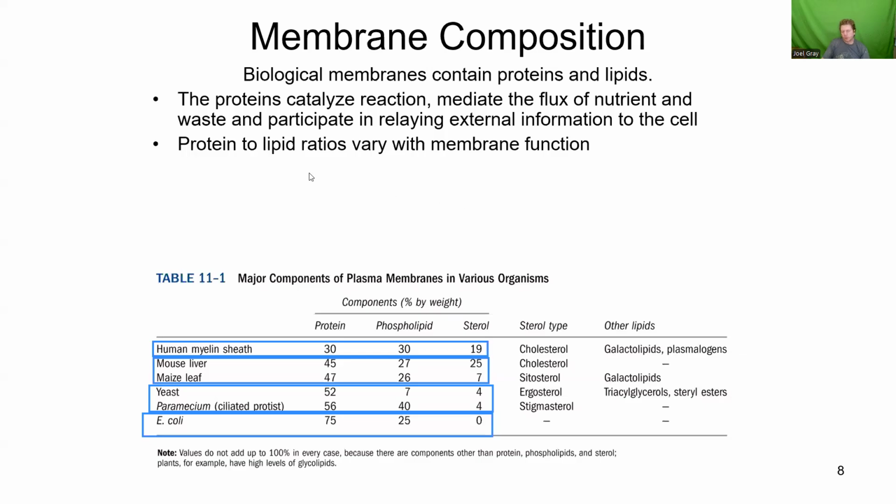Now, what cholesterol is going to do is typically make a membrane a little bit more rigid, which is one reason why, if you think about somebody getting an annual physical exam, their cholesterol level is going to be monitored. And if their blood cholesterol level is too high, that could be an indication that they maybe are at risk for a cardiovascular event like a heart attack or a stroke or something like that.